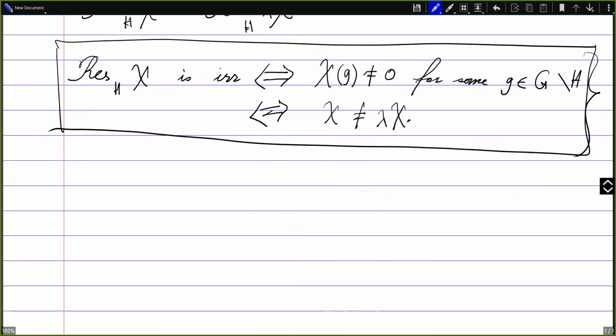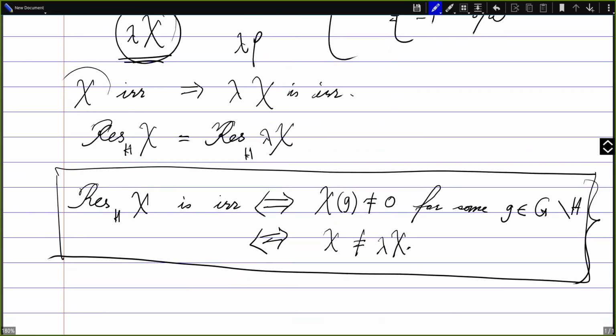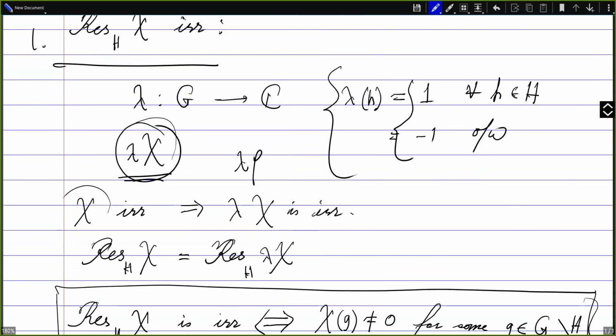So what we want to investigate is, let's again see, chi is an irreducible character of G, and so is lambda chi, and the restrictions of both chi and lambda chi are the same. So the natural question is: are there any irreducible characters of G whose restriction to H coincides with the restriction of chi?